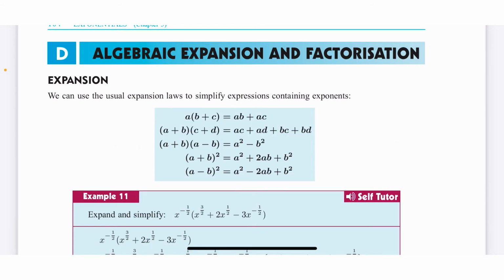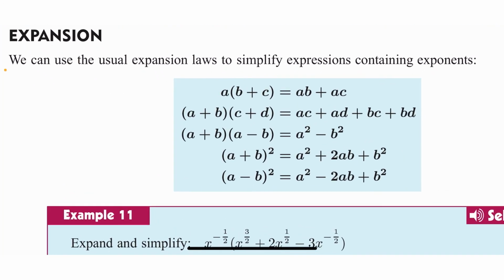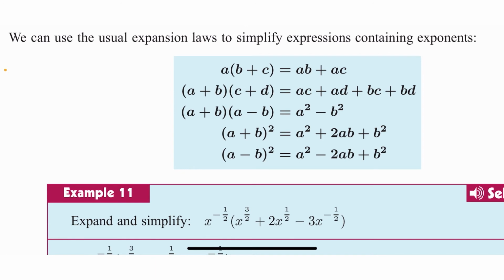Where in other places do we use exponents? Algebraic expansion and factorization. We can use the usual expansion laws to simplify expressions containing exponents. So these are the equations from 7th grade.